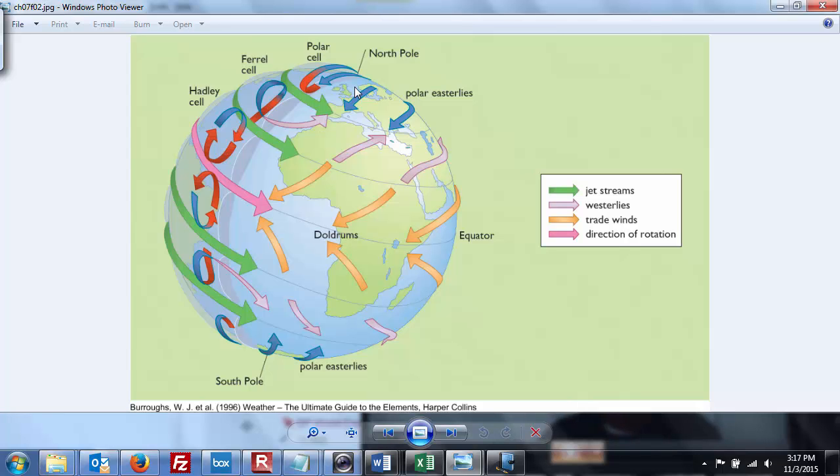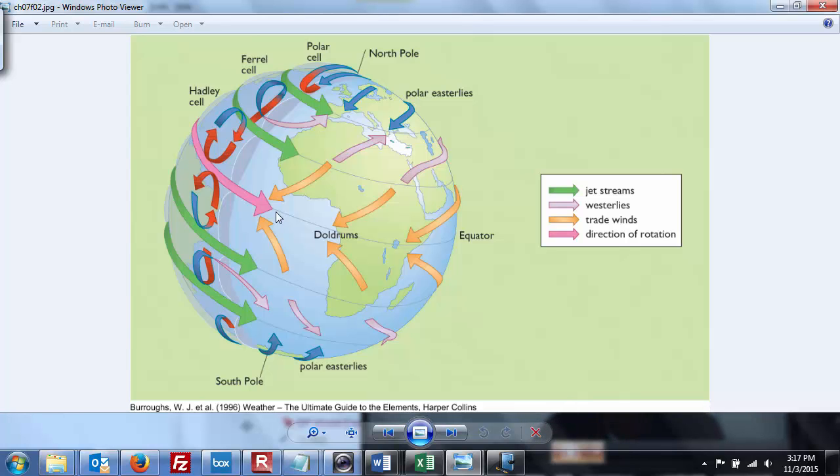Another thing worth mentioning here, it says there's a further complication in that because the Earth itself rotates, winds moving across the surface are subject to a phenomenon known as the Coriolis effect. This is the net result of this effect given that the Earth rotates in an eastward direction. So obviously this big pink line is showing you the direction of the Earth's rotation.